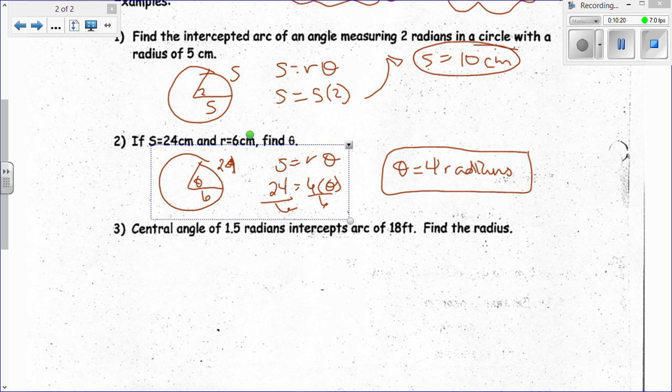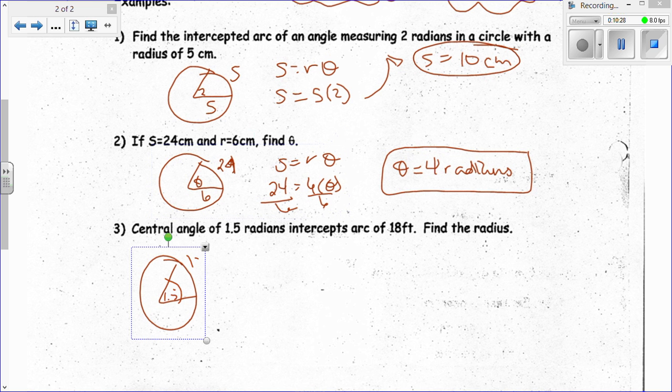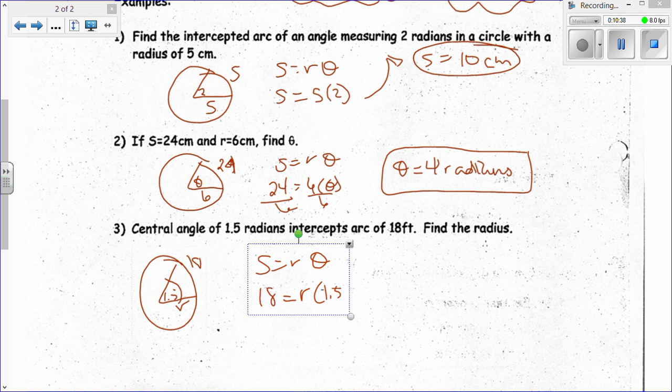And finally, the central angle is 1.5. The intercepted arc is 18. Find the radius. So S equals r times theta. 18 is equal to r times 1.5. Divide by 1.5.